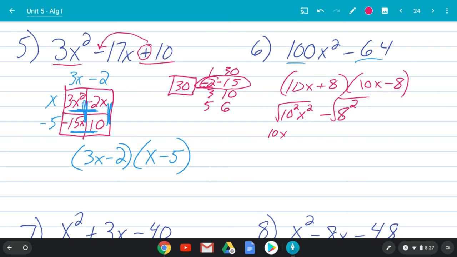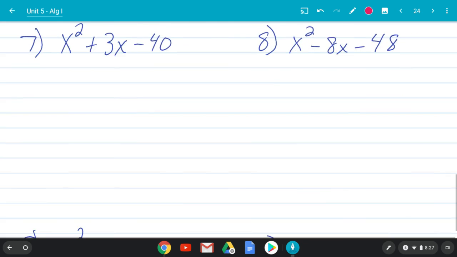The square root of 8 squared is 8. So if I put them together with a plus and a minus, those two middle terms will cancel. Okay? By the look on your face, I don't think you're happy about that, but I think you'll accept it. It'll work for now.